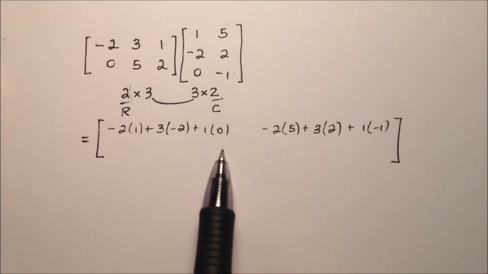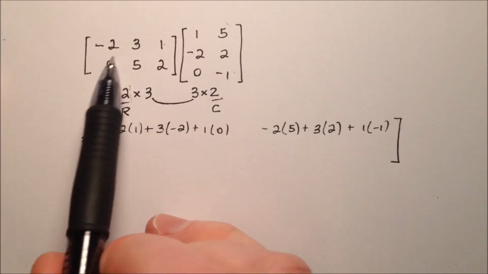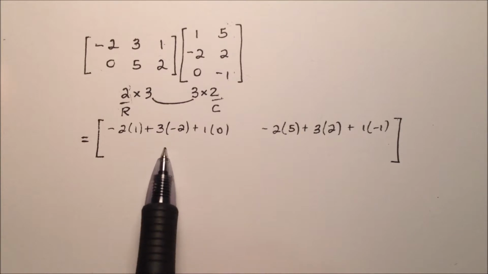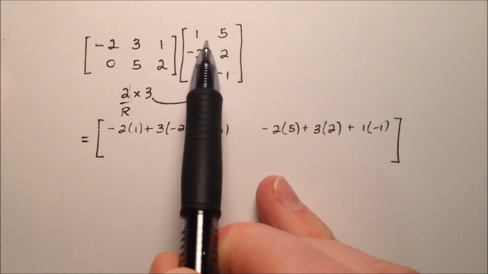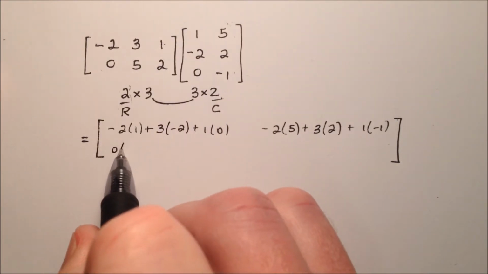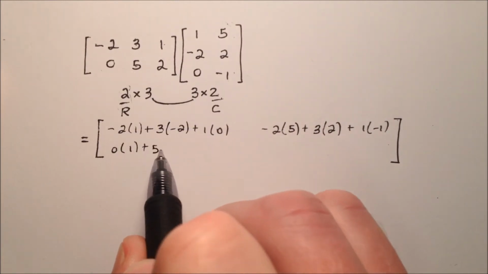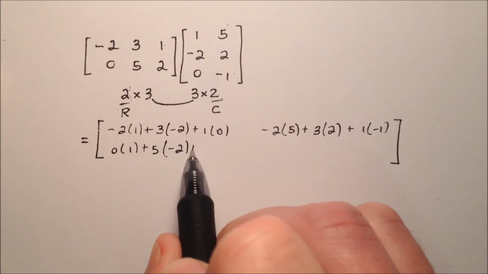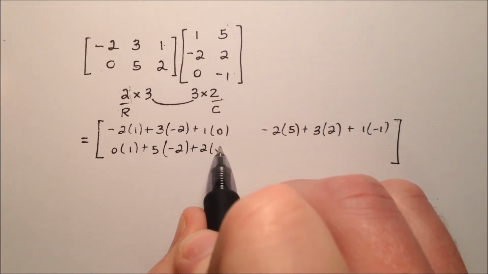Now I need to find all these terms for the second row, so I'm going to move on to row 2 here. So this entry is row 2, column 1, so I'm going to grab terms from row 2 and column 1. So 0 times 1, and to that I'm going to add 5 times negative 2, and to that I'm going to add 2 times 0.